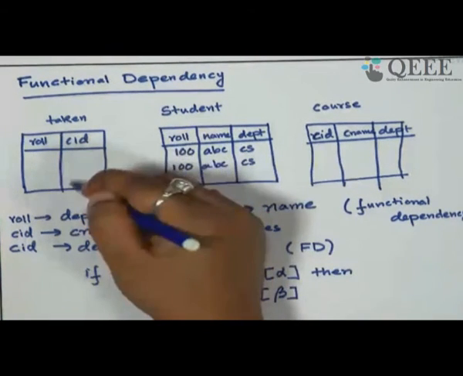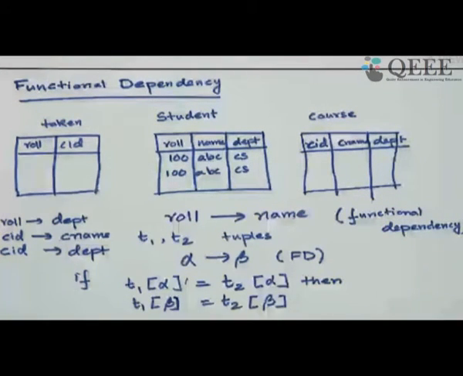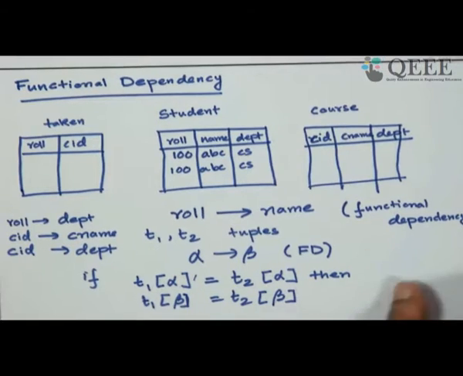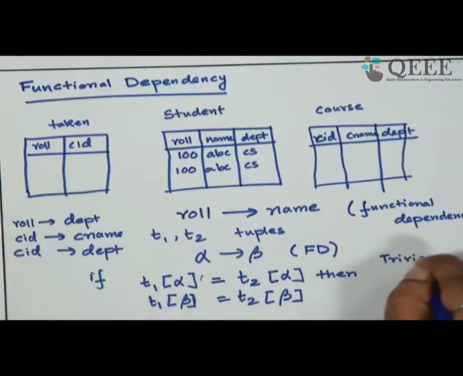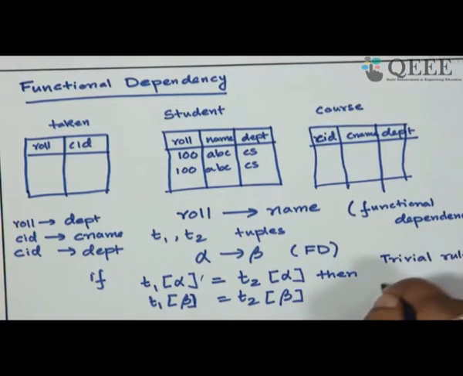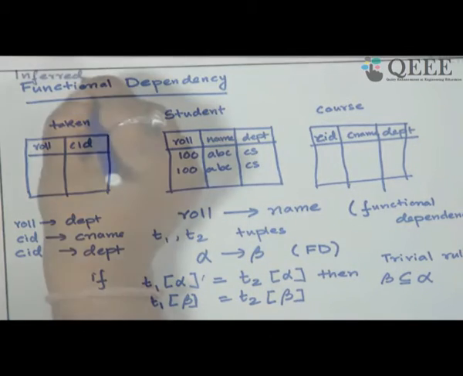But there are no dependencies in this table. 2 students with the same roll number can take different courses. Some of the dependencies, we call them trivial: if beta is a subset of alpha, this is trivial. Of course, it is obvious.